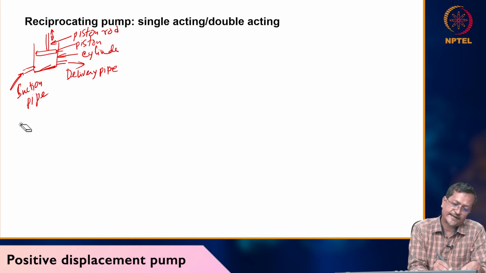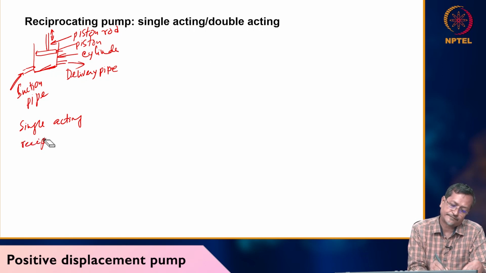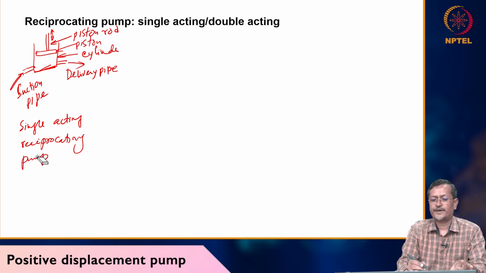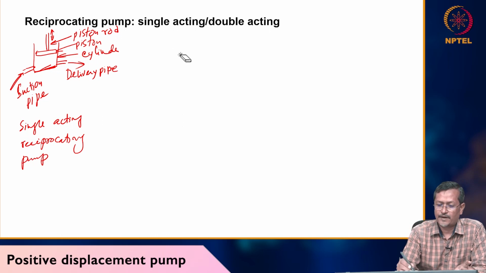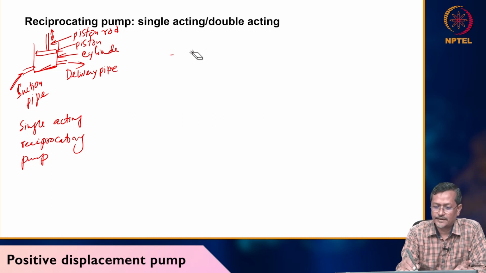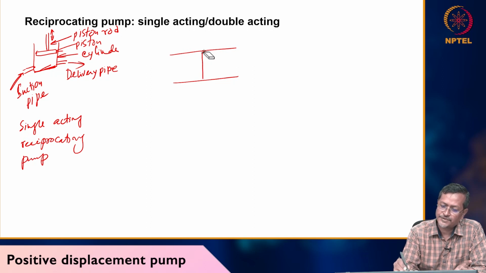This is called single acting reciprocating pump. And another pump can be possible, like double acting pump. How will the double acting pump be working? I will make a horizontal pump, and I have one piston again. The piston will have a very thin gap, almost no gap actually.